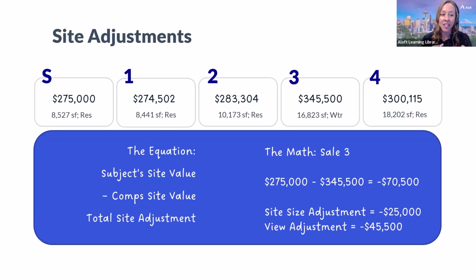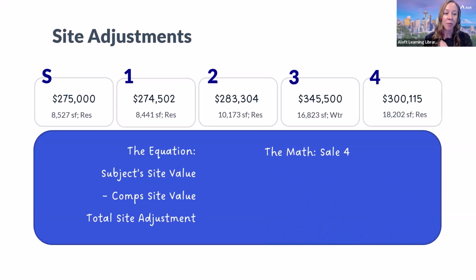You have evidence because I'm assuming you probably have the extracted improvements, the sale price, and how you got to your land value, and then the difference is just common sense, how adjustments work, right? And then the final one is number 4. Again, we're just taking that 275 minus the 300,000.